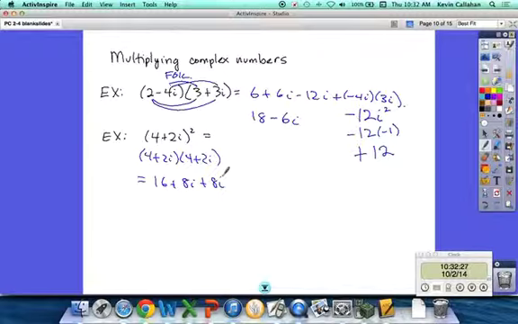And then the last term will be 2i times 2i, plus times plus. 2 times 2 is 4, and then it's an i squared. But i squared is negative 1. So this is actually 16 plus 8i plus 8i minus 4, which is 12 plus 16i.